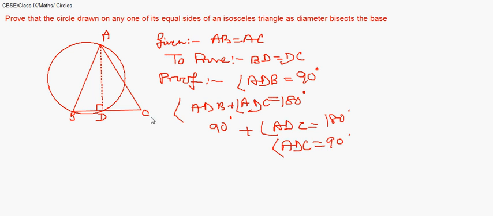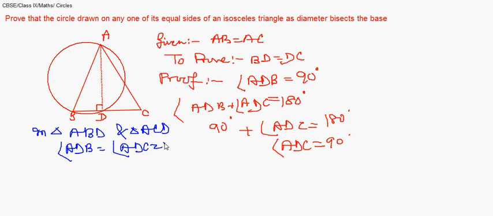Now look at the triangles ABD and ACD. We try to prove the congruency of these two triangles. Once we prove the congruency, by CPCT we'll say that BD is equal to DC. Now in triangle ABD and triangle ACD, angle ADB equals angle ADC, both 90 degrees.